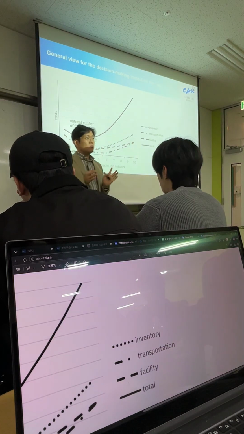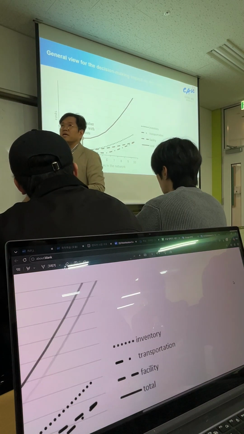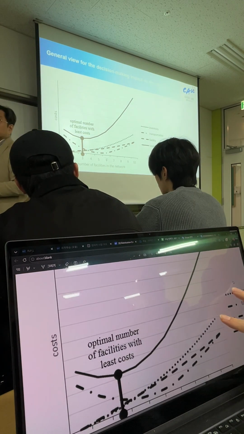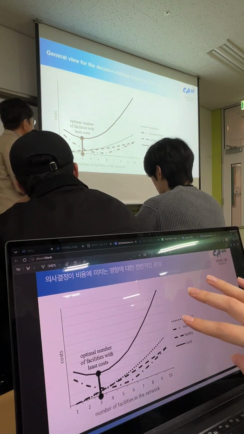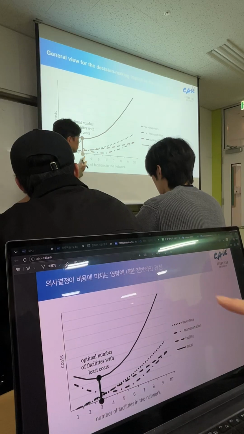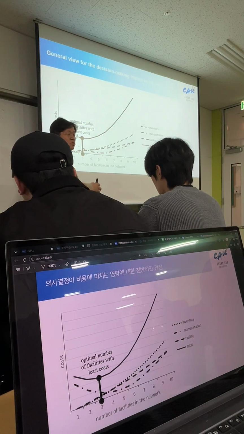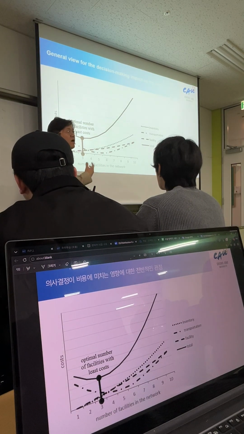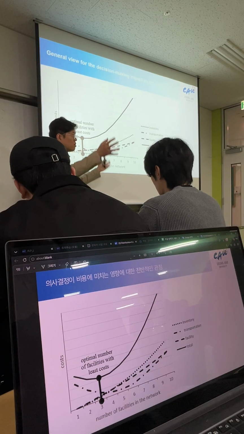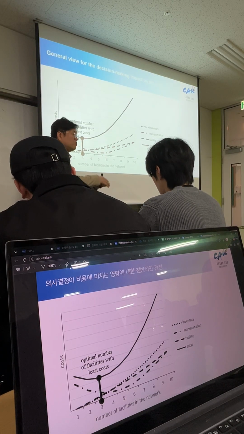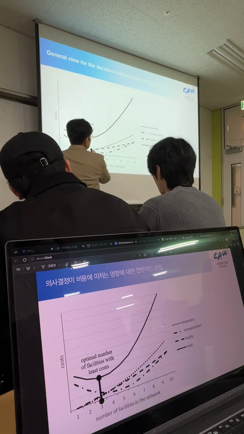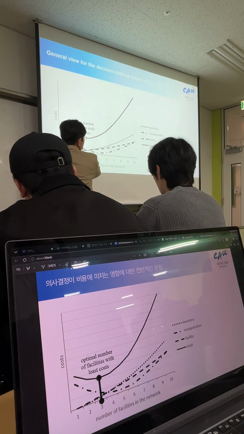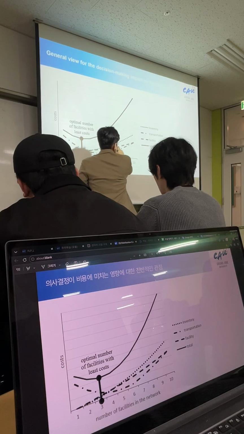Summing up all the costs makes the total logistics cost from the company's perspective. So for example, if you increase the number of facilities, that means if you set up more and more warehouses inside your distribution network, then of course you can expect the facility cost to increase linearly.